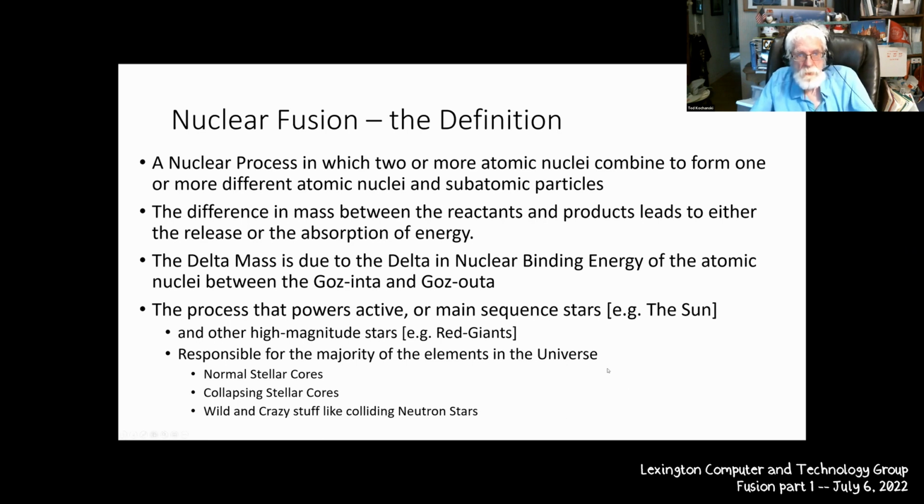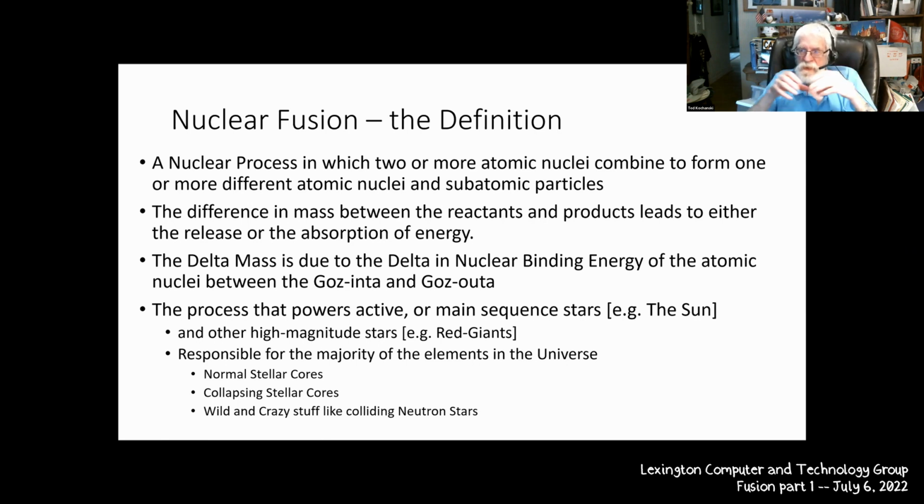Fusion is responsible for the majority of the elements in the universe, because the Big Bang probably only contributed 3 elements, the vast majority being hydrogen, some helium, and a very, very small amount of lithium. All the elements that we're familiar with, basically 94 roughly terrestrially occurring in some fashion, are a product of fusion.